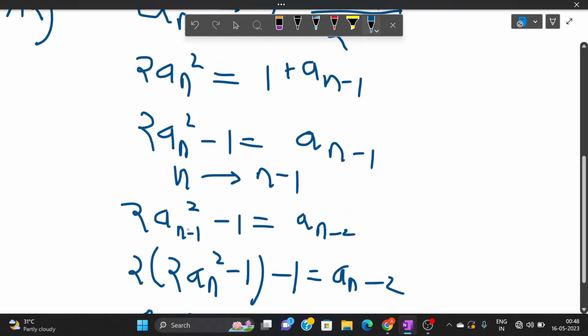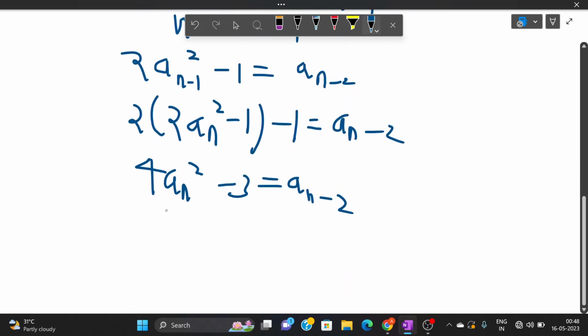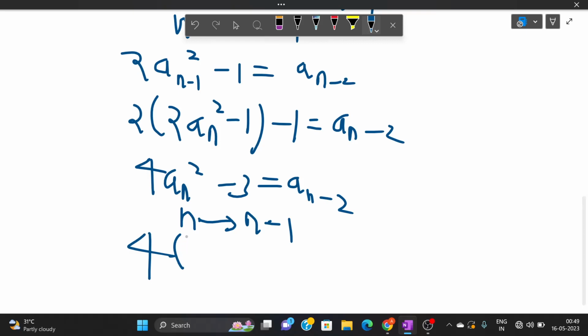Now in this equation, we again put n as n minus 1. In place of n, we put n minus 1 and by the same logic we get 4 times 2 times a n square minus 1, minus 3.